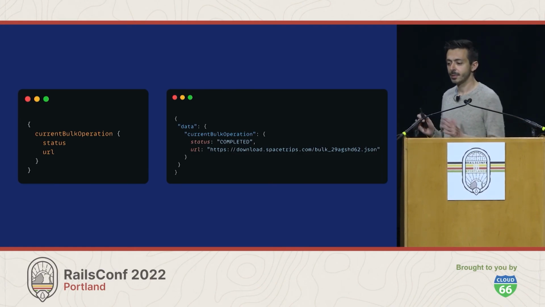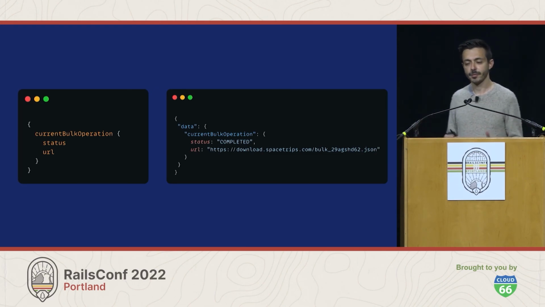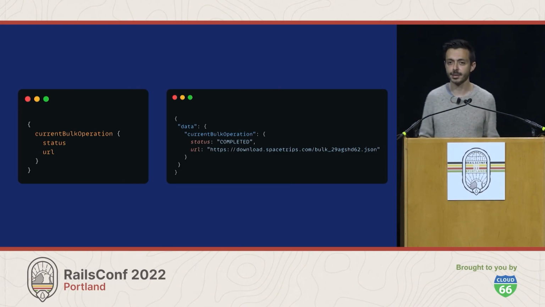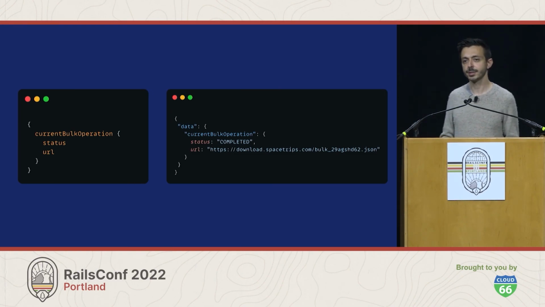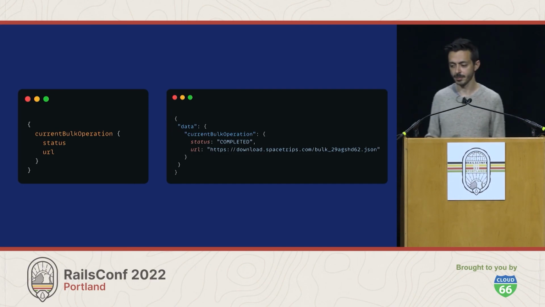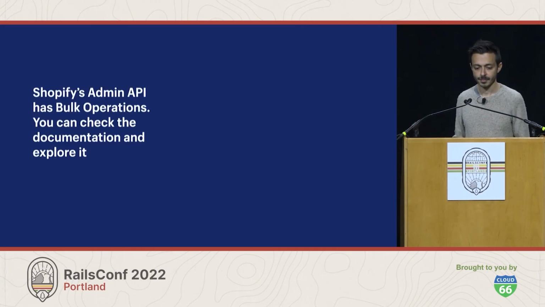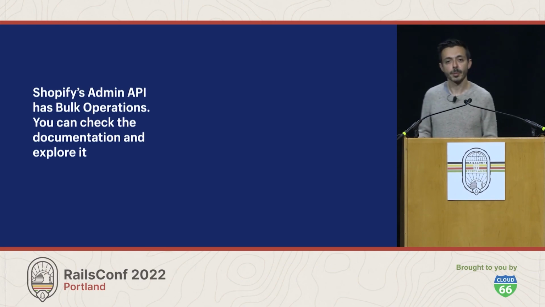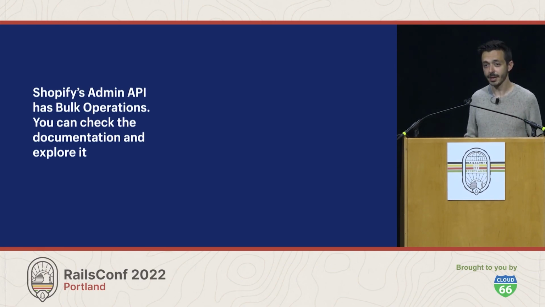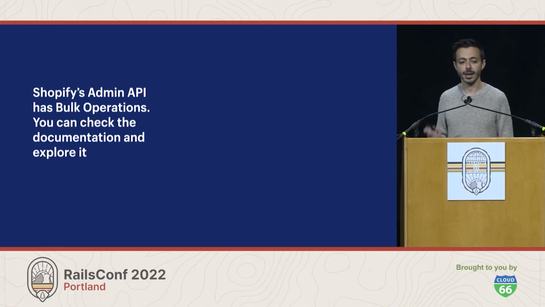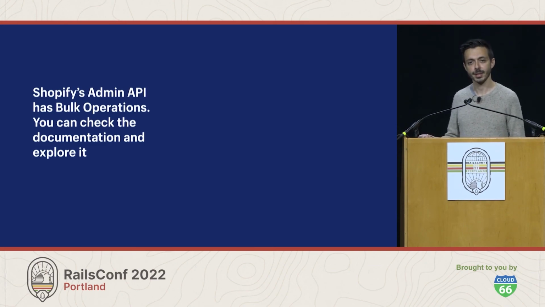So this removes a lot of complexity for exporting large amounts of data from the client, makes it more efficient also on the server side, and it's a very good feature for everyone to adopt. We have bulk operations at Shopify. If you want to try, you can go to the Admin API documentation and experiment with bulk operations.